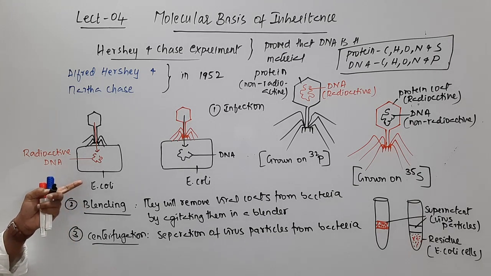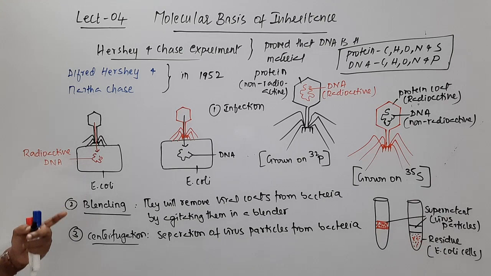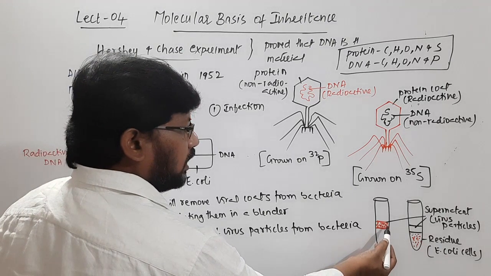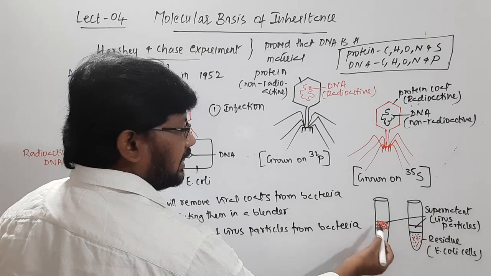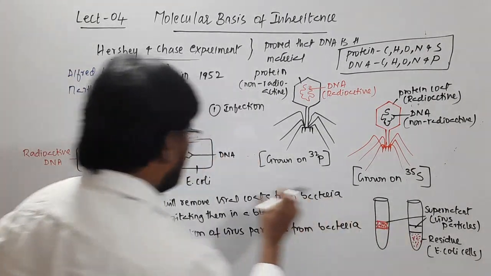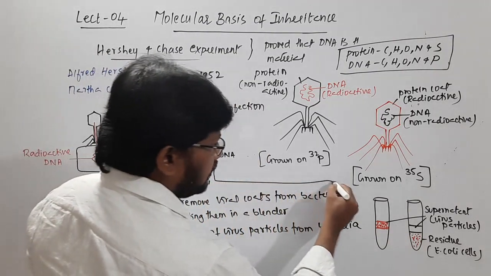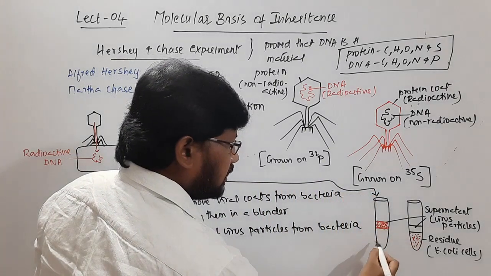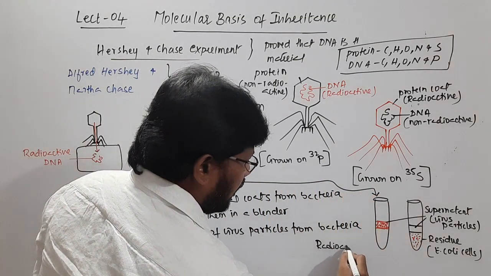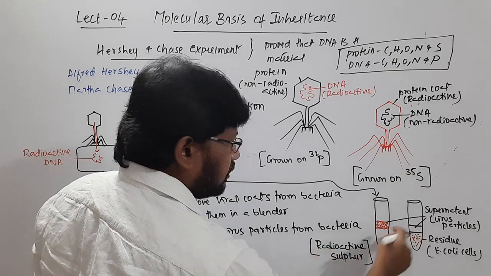that was infected with the bacteriophage which was grown on radioactive sulfur, S35. What they have seen is that the supernatant was radioactive. I'm sorry, I mentioned phosphorus earlier, but in this test tube it's radioactive sulfur in the supernatant.